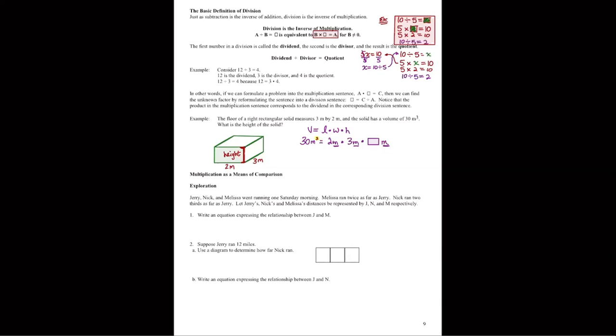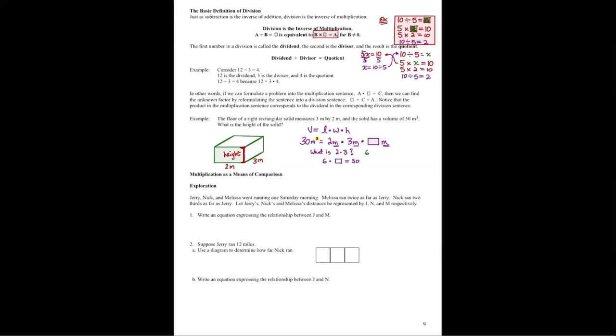So I would ask myself, what is 2 times 3 first? All right, so self would reply 6. And then I would say, okay, self, 6 times what gives you 30?